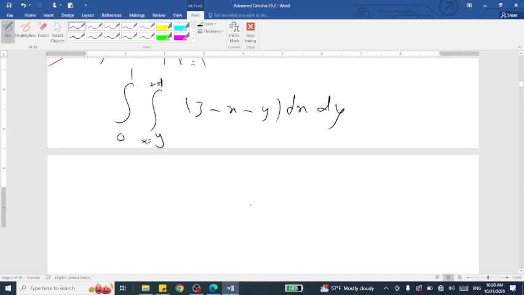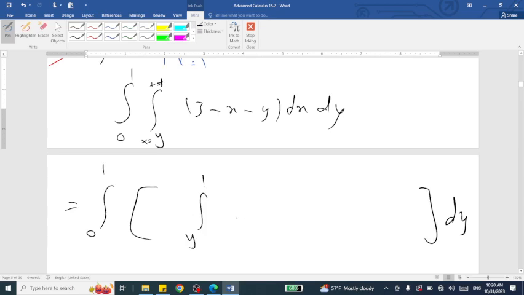Next example it will be easier for you. So equal to the integral from 0 to 1, dy, of the integral from y to 1 of 3 minus x minus y dx.